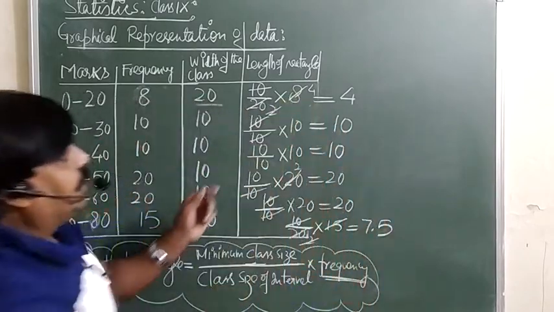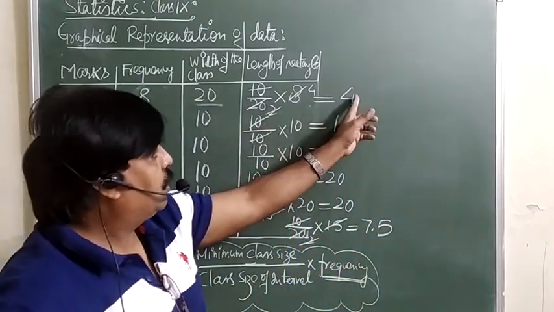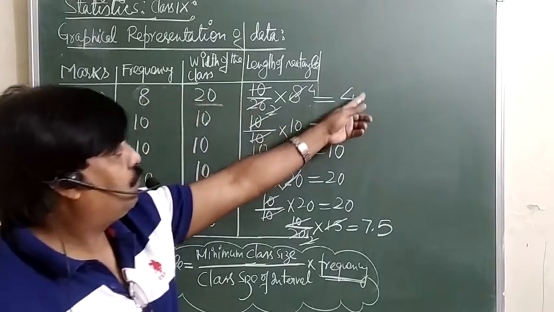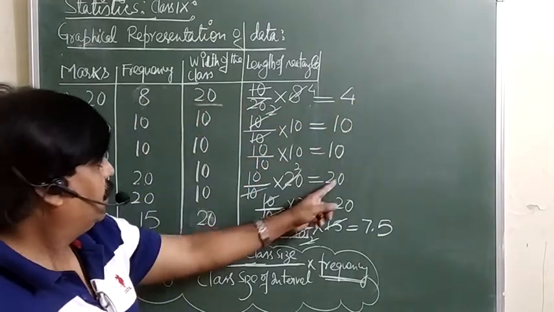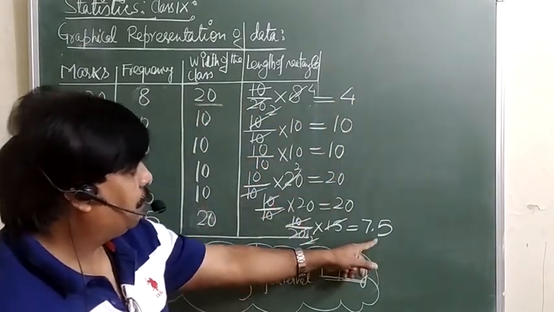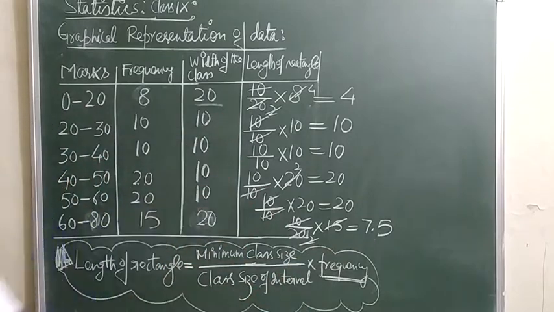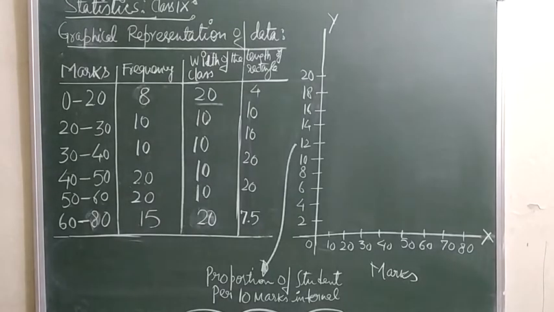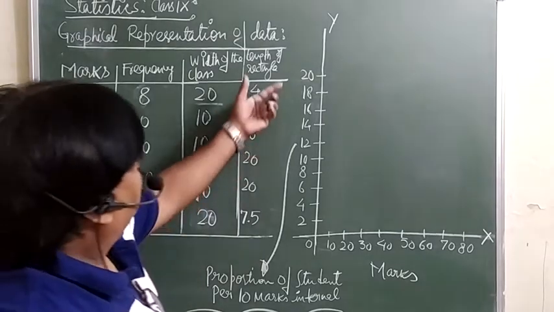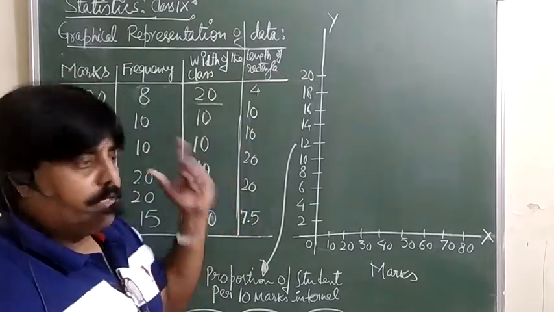So now the length of the rectangle will be this. Now you can see that your frequencies are now 4, then 10, 10, 20, 20, and this is 7.5. Have a look. So now the length of the rectangle is this one, which is already calculated.